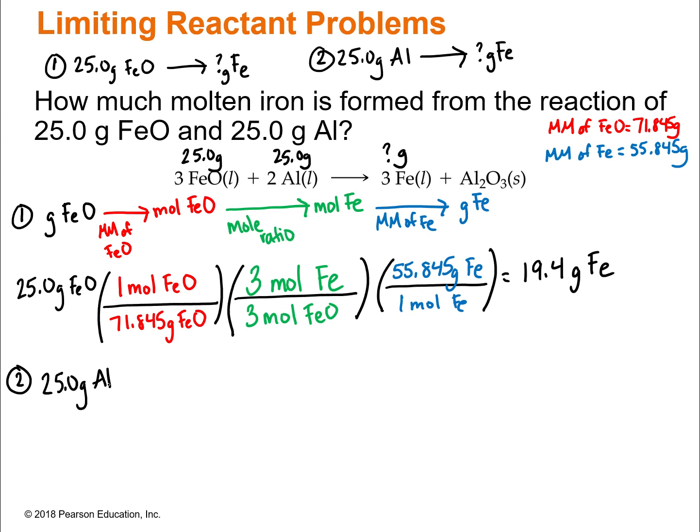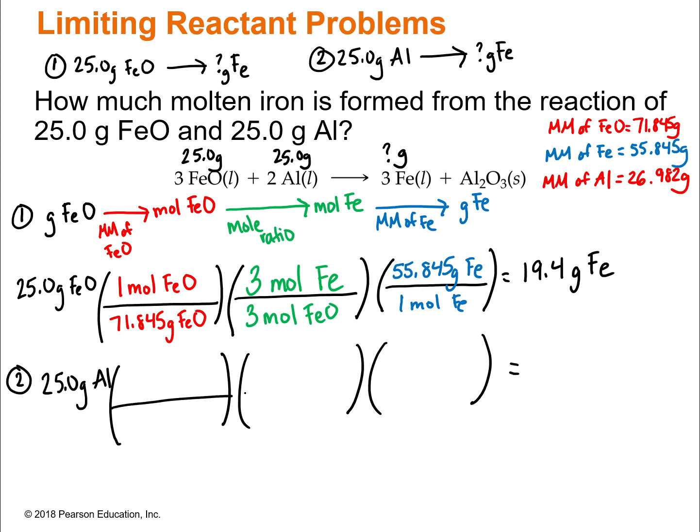It's the same kind of deal. I will add up with our other molar masses the molar mass of aluminum. We're following the same exact plan, but this time it's aluminum.